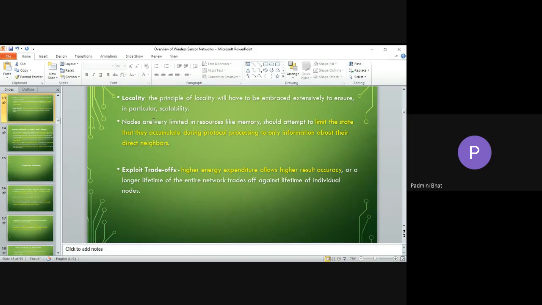These are some of the constraints. Then exploit trade-offs: higher energy expenditure allows higher result accuracy, obviously, but a longer lifetime is also desired, so a trade-off is required against the lifetime of the individual node.